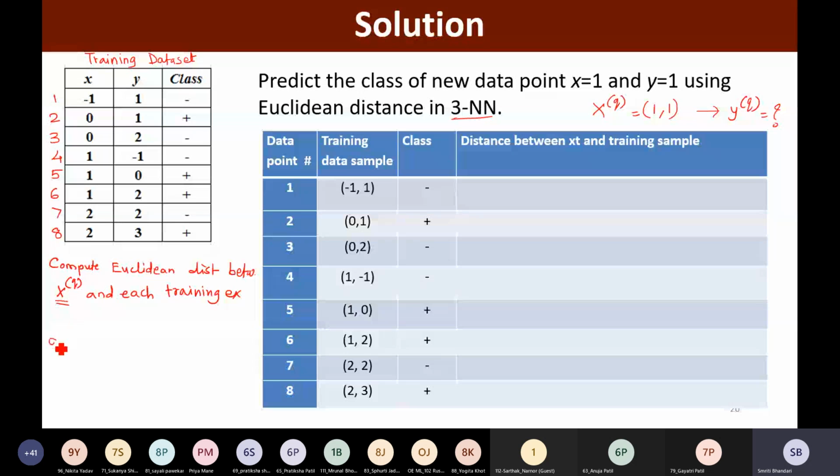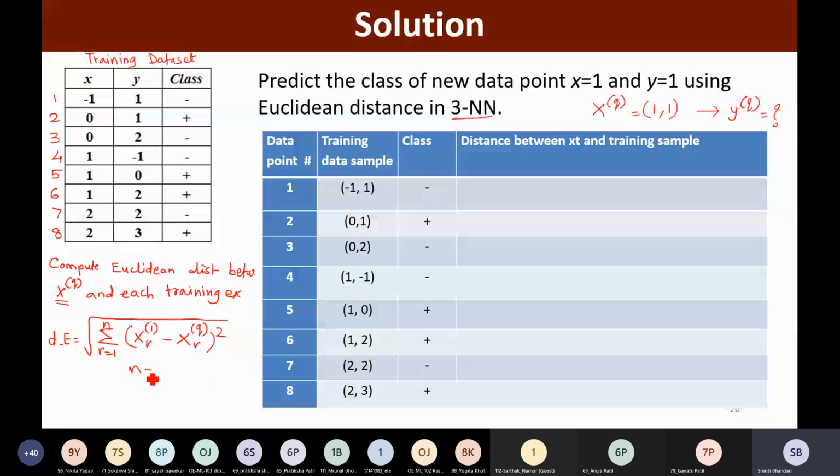The formula is the square root of the summation over r equal to 1 to n of x r i minus x r q, whole square.